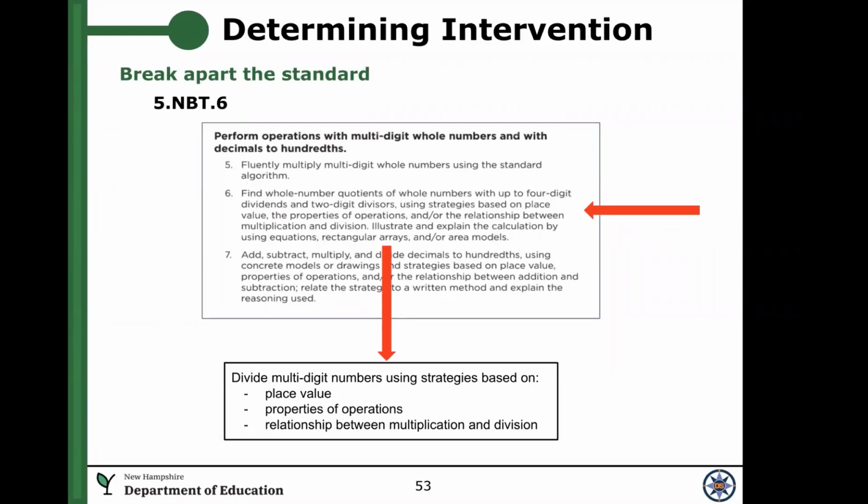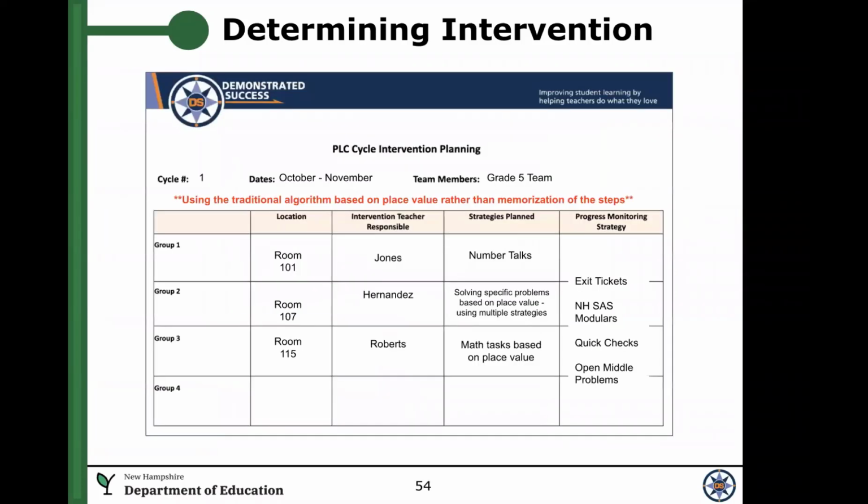So for right now, I would say maybe in my unit, we're really starting to look at place value. We've taught a lot of different parts of place value, but I really see that kids are still having trouble with place values. So it's a really basic start to this particular unit that I'm working on and for this standard. So now I've said I'm going to work on place value.